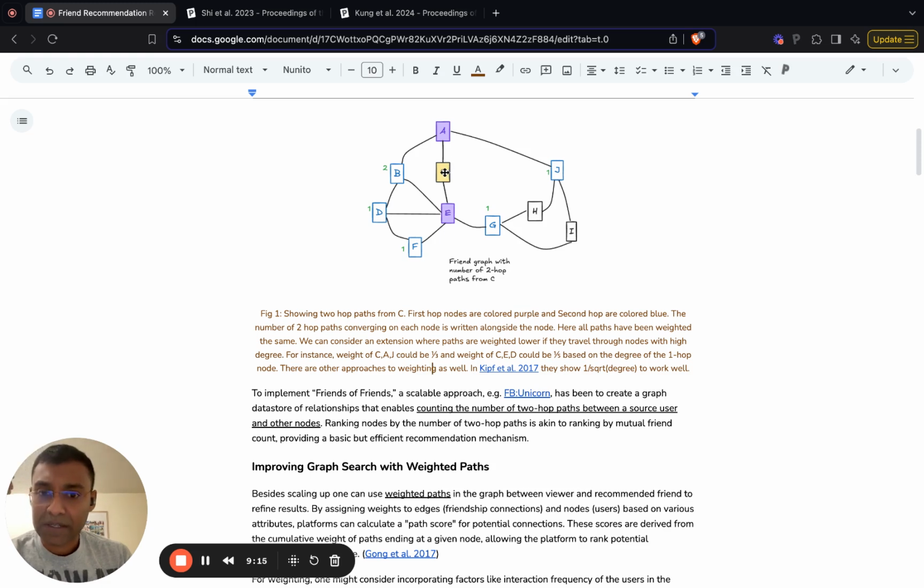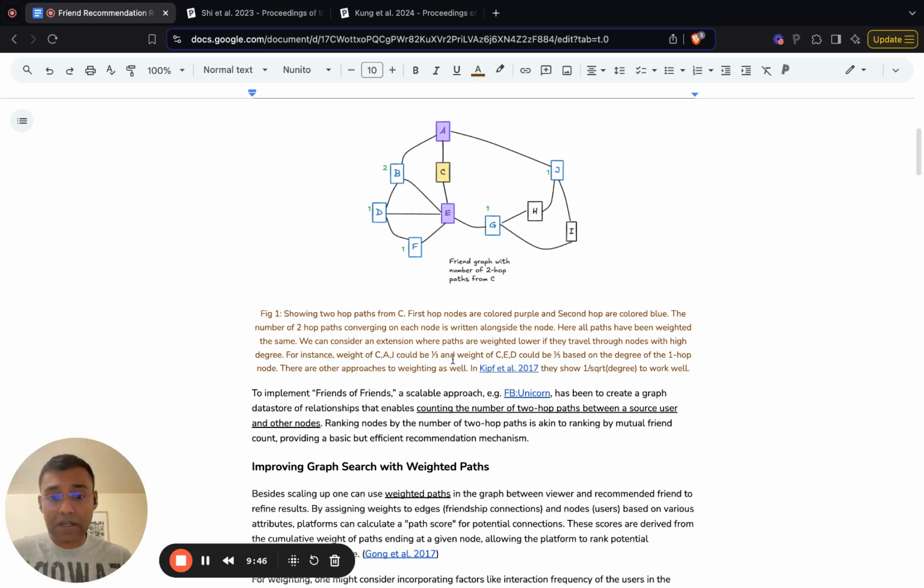Pathologically, for instance, A could have 3 edges and E could have 3,000 edges. This could be quite a large difference. If you do 1 by square root degree, that ratio between the two will be much more, and it'll show up in your ranking differences.